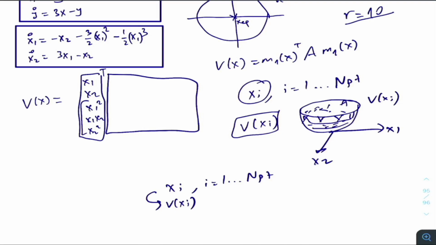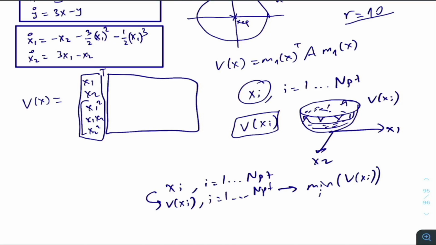At the end of the day, V of x is a scalar number, right? Okay, and you have this array V of xi, again for i from 1 to np, and just check the minimum of this array.